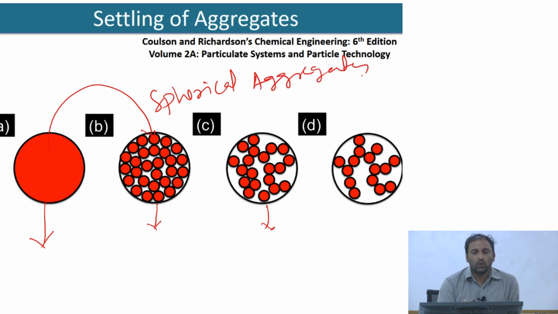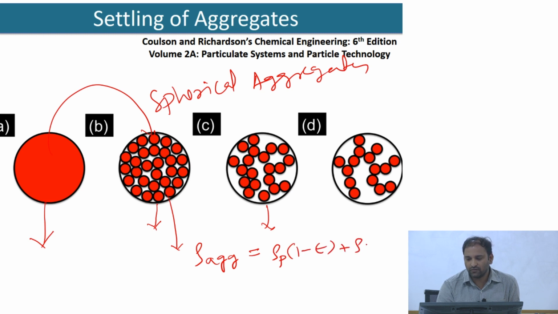Now this spherical aggregate has particles, and we said that the properties of the aggregate are typically in between the properties of the fluid and the particle. In that sense, we defined a quantity called rho aggregate, which goes as rho of the particle into 1 minus epsilon, plus rho of the fluid into epsilon.